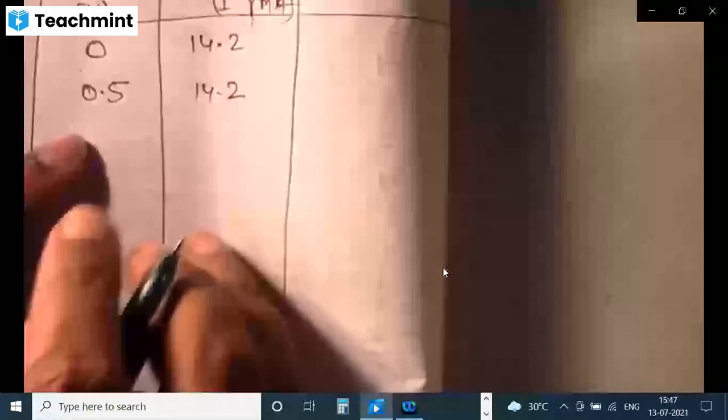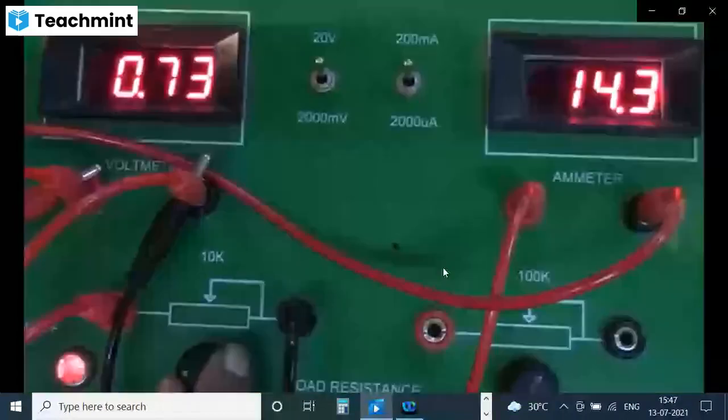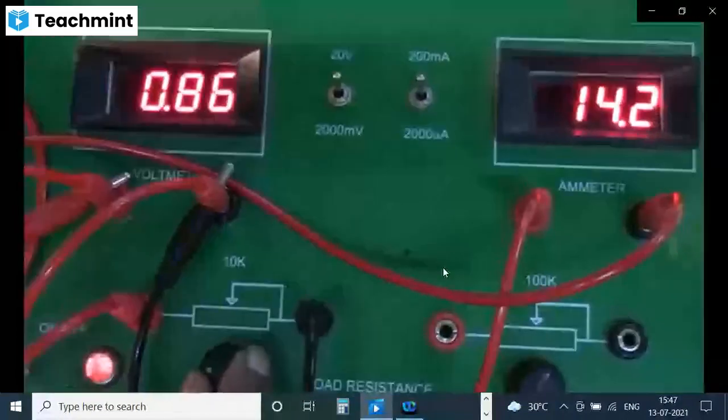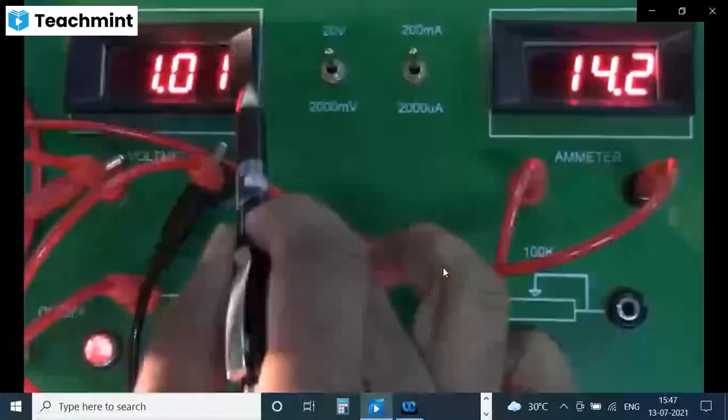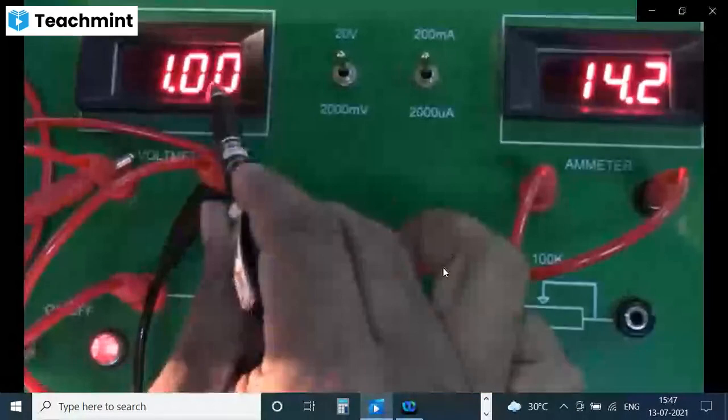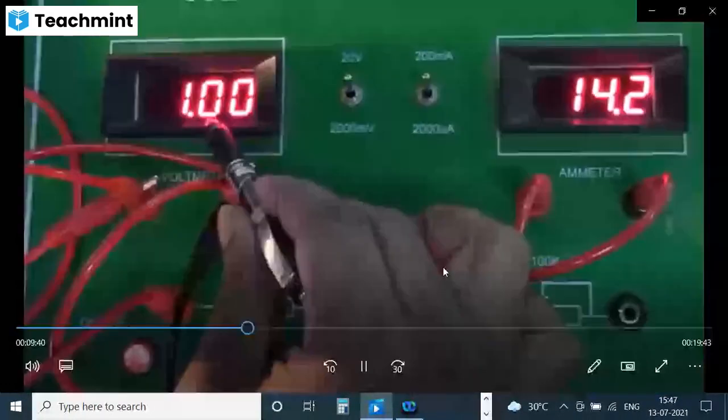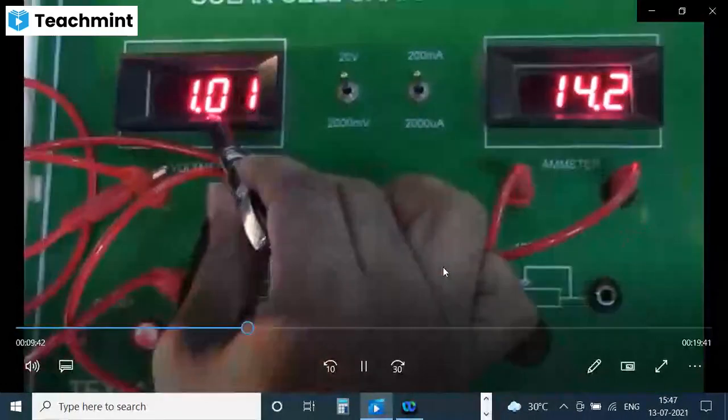Now adjust the load resistance, which means you increase the resistance so that current decreases, correspondingly voltage increases in this circuit. Yes, I adjusted the load resistance in such a way that the voltage value in the circuit is 1.0 volts. The corresponding current is 14.2 milliamperes.